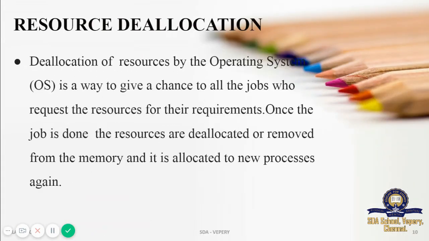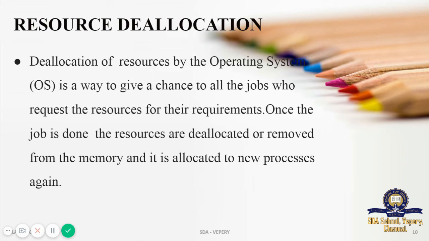Okay, now how will the resources be released? Now you all know how it is allocating, how it is released. The deallocation of resources by the operating system is a way to give a chance to all the jobs that request resources for their requirements. Once they are given chances, they have to complete their processes and release the resources.